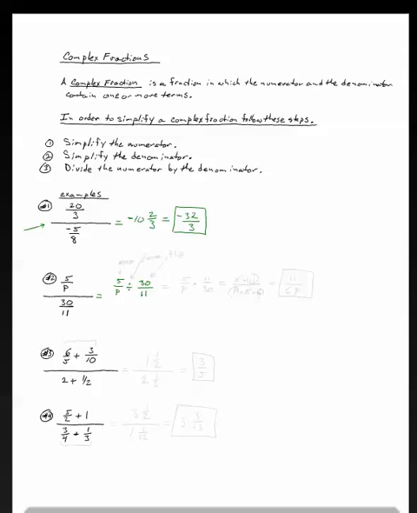Now we know with a division problem, we keep it, change it, and flip it. So this is going to become 5 over p times, and then we flip the second fraction upside down and get 11 over 30.